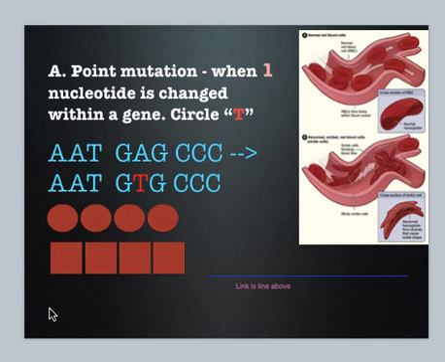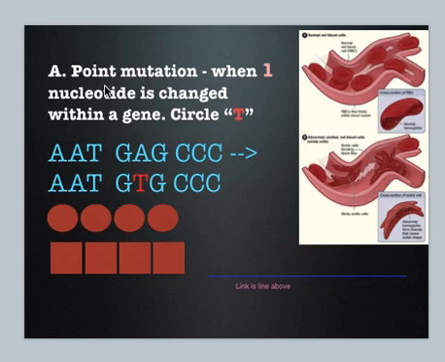So there are two types of mutations that y'all have to know. Now, this first one has another name. The state of North Carolina is using the phrase point mutation. Other names are available for this, but your EOC uses the phrase point mutation.